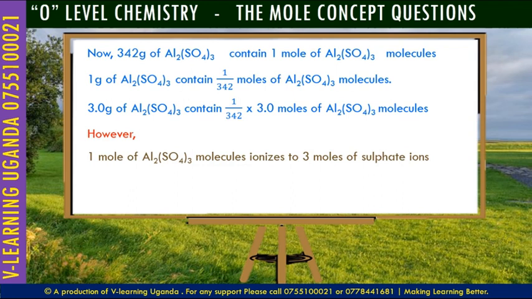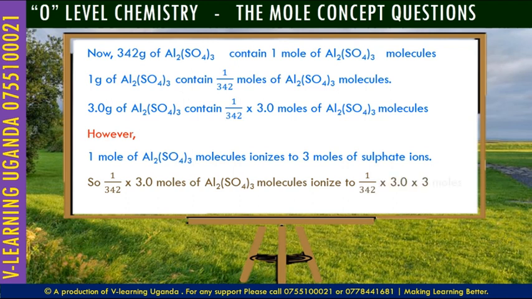We simply multiply. So we get 1 over 342 by 3, again by 3, because 1 produces 3. So we get the moles of the aluminium sulfate times what each produces, and that is 3. So we have 1 over 342 times 3 times 3.